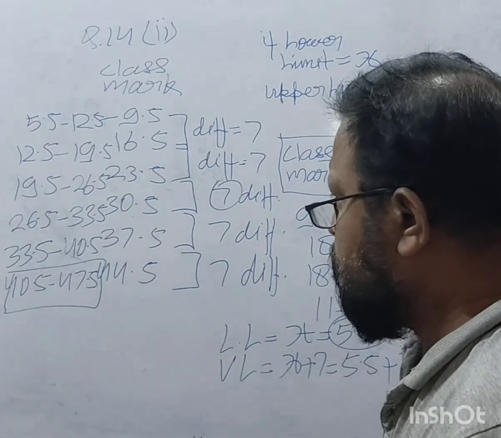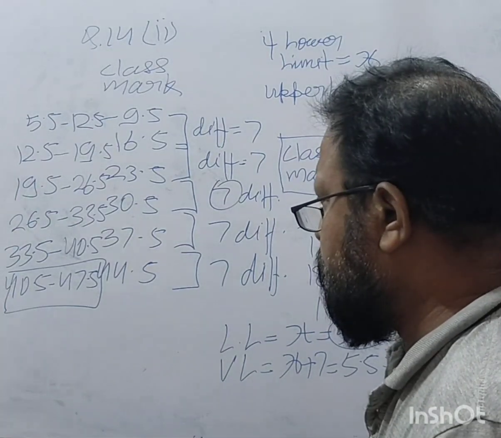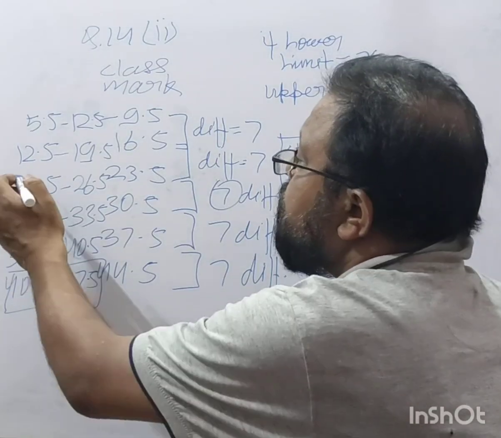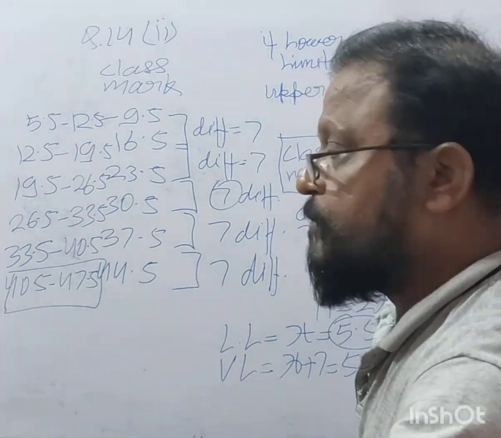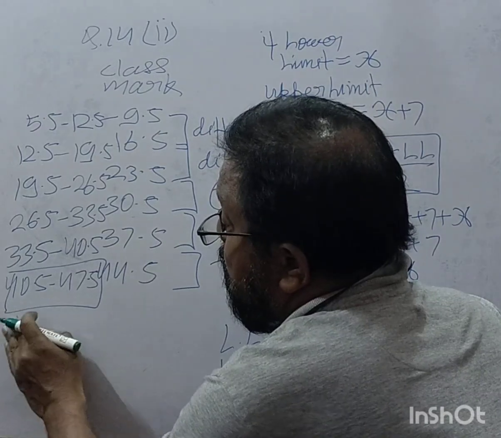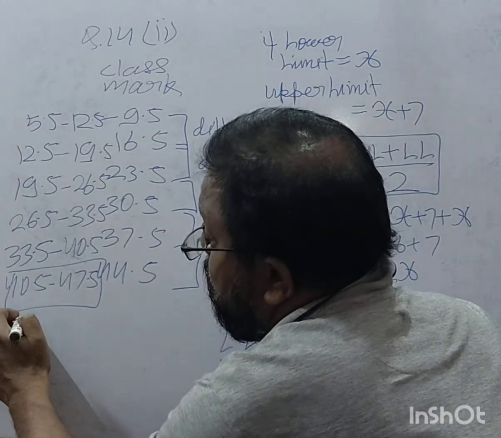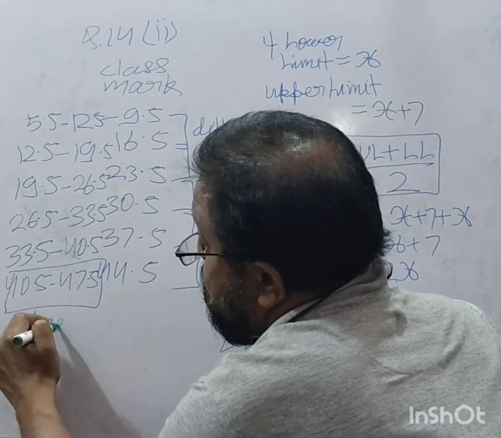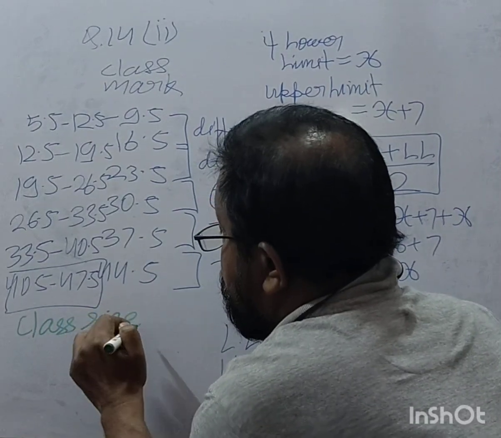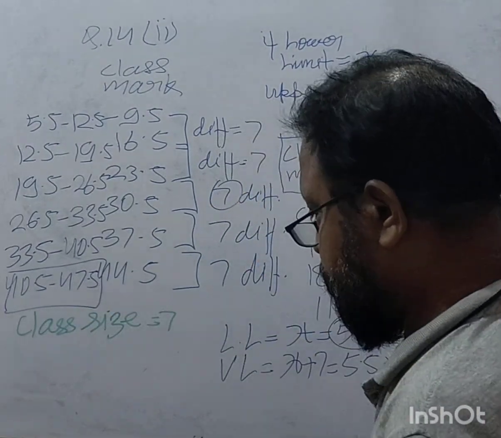So determine the class size and the class limits of the third class. This is the third class. Class size is equal to 7.